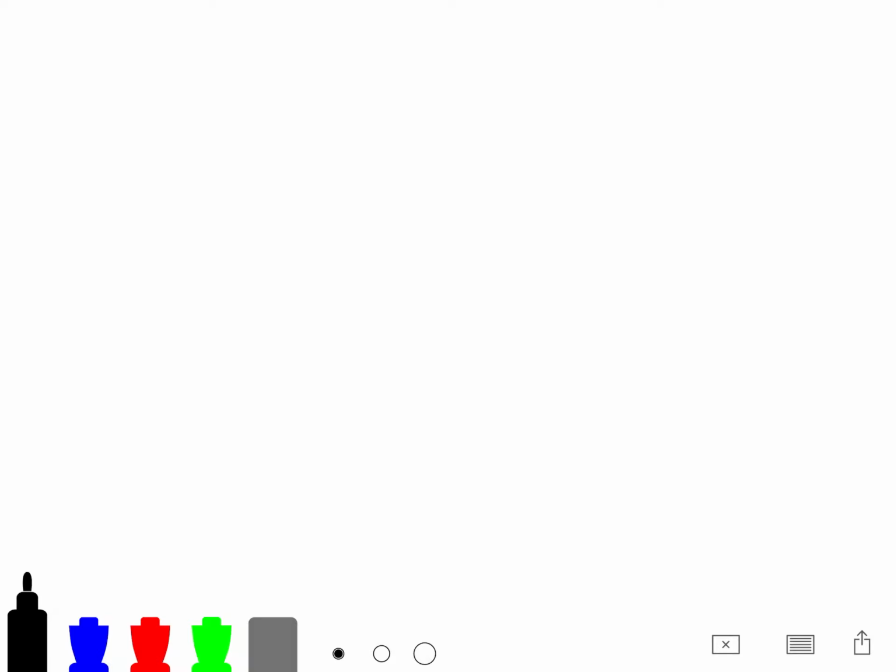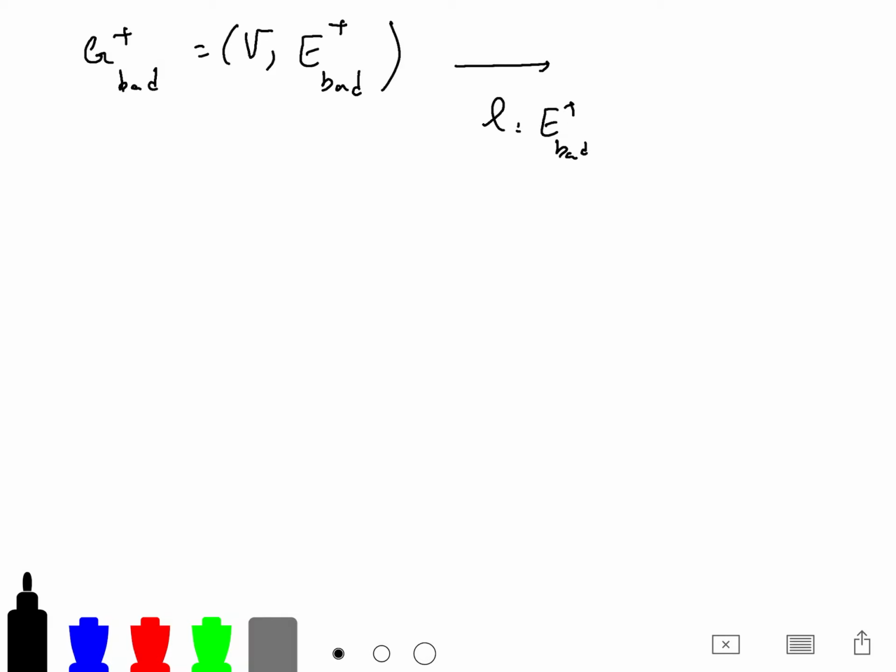So we consider the auxiliary graph G plus bad, which has all vertices, remember, but the edges are included only if they are inside E bad. And we equip it with the shortest path metric such that L of E plus bad maps to 0 and 1, we are trying to round it.